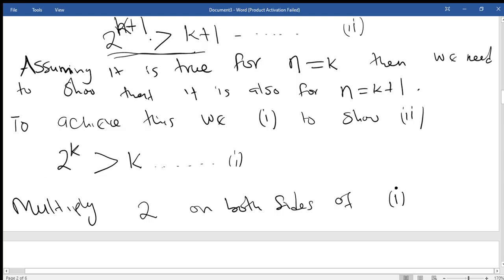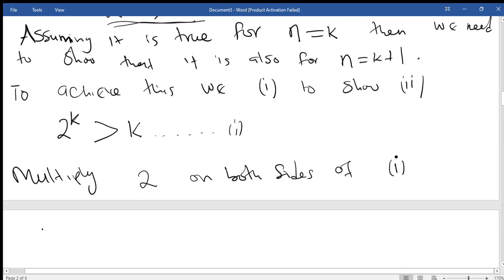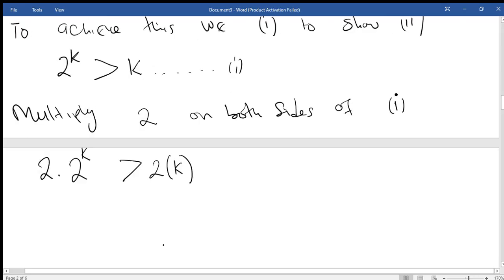So if I multiply both sides by 2, I'm going to have 2 multiplied by 2 power k is greater than 2 multiplied by k on this side. This is the same base with different powers, because this 2 is power 1. So we just sum up the powers to get k plus 1, because when you multiply indices having the same base but different powers, we maintain one base and sum up the powers. This is greater than 2k. That is what we have.